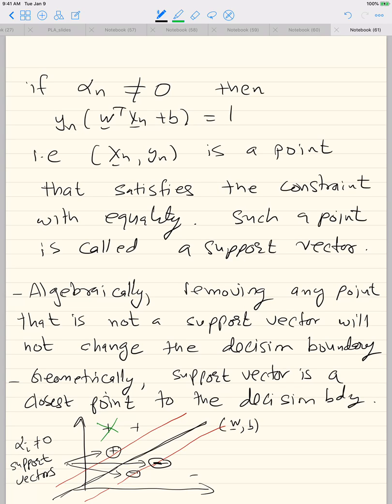And it is only for the points that are the support vectors that the dual variables are non-zero, and these points are always the closest points to the decision boundary, meaning that they constitute the margin of our classification. So thus the dual variable immediately tells us which points are the support vectors.